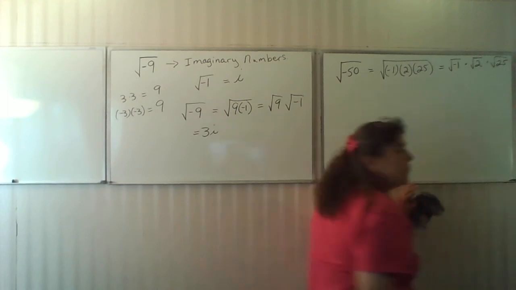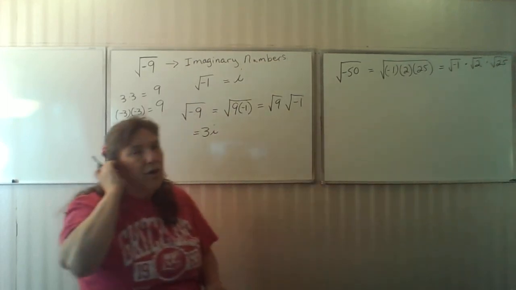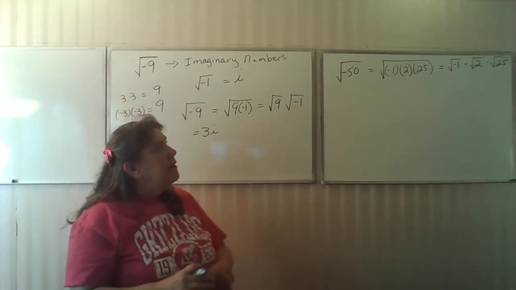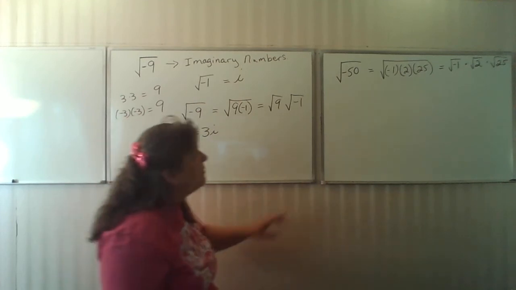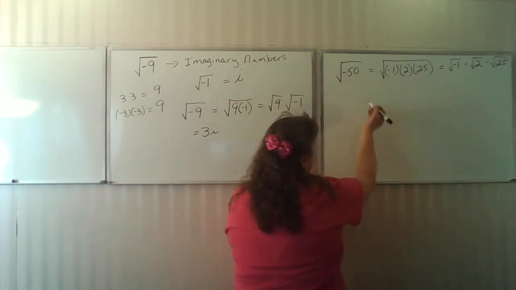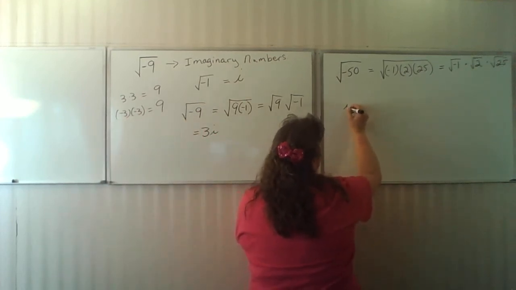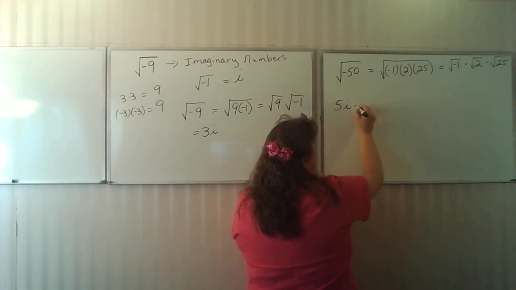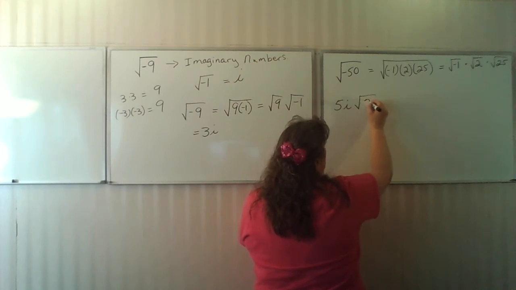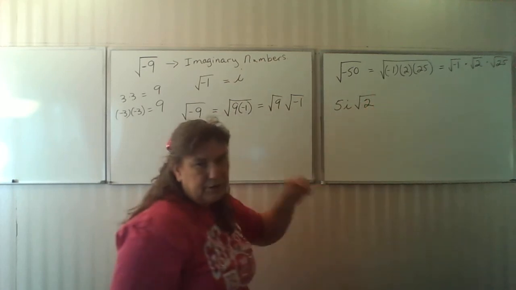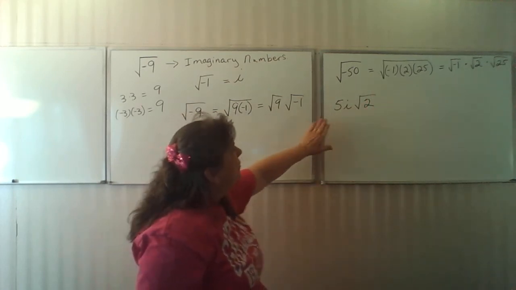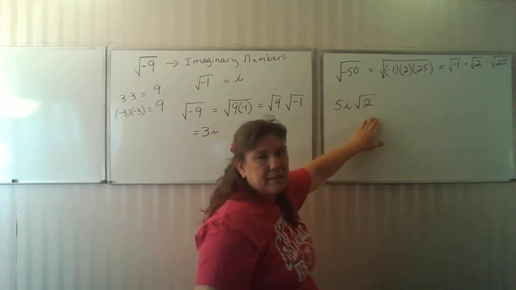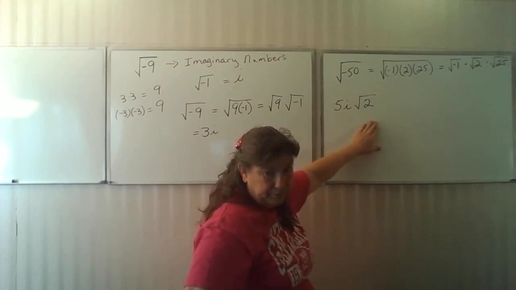Now, the order we write these in is not important. So what we're going to end up with: the square root of negative 1 is i, the square root of 25 is 5, leaving me with the square root of 2, which is irrational. And so therefore we end up with 5i times the square root of 2.